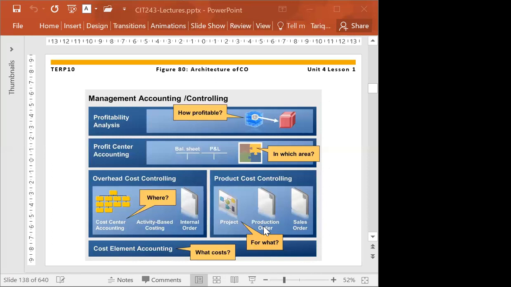Now, another example, because these are the internal orders or the maintenance orders or the production orders. These are the cost objects, belonging to cost accounting or managerial accounting. What happens when I took my car to the maintenance workshop, and they listened to me and said, okay, for this car we need to do this maintenance.